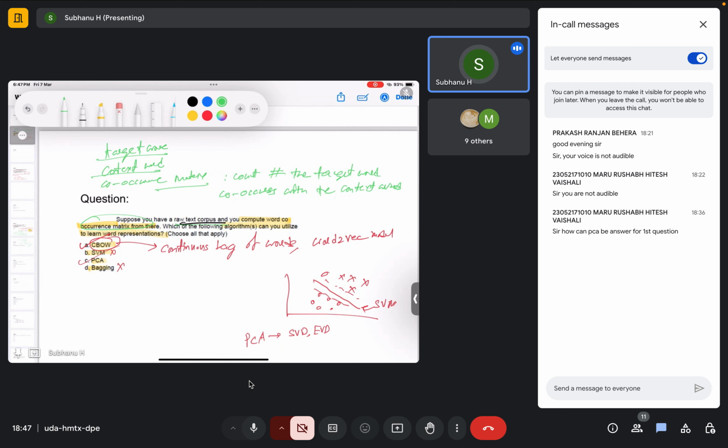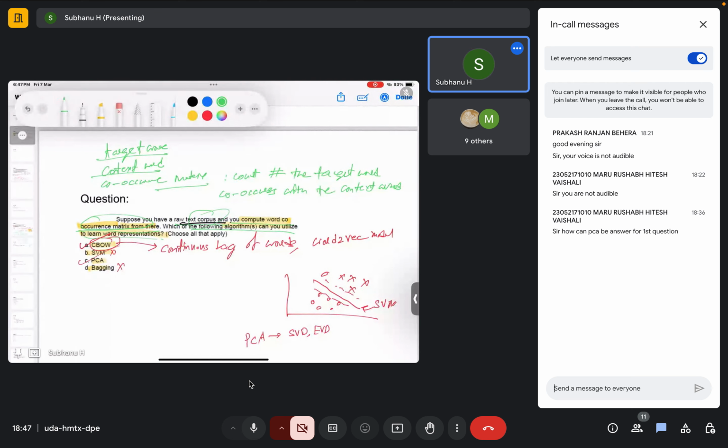From here you find the distributional semantics matrix, which is nothing but target cross context counts. So our question was: you have a raw text corpus and you compute a word co-occurrence matrix from there. Which of the following algorithms can you utilize to learn word representation? So how can you represent a word from this co-occurrence matrix?